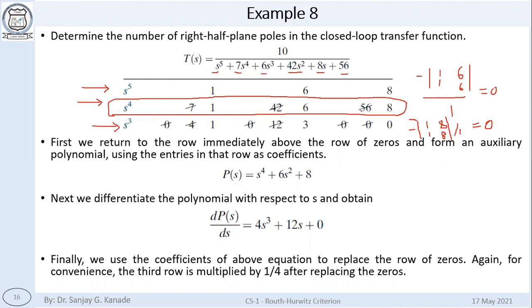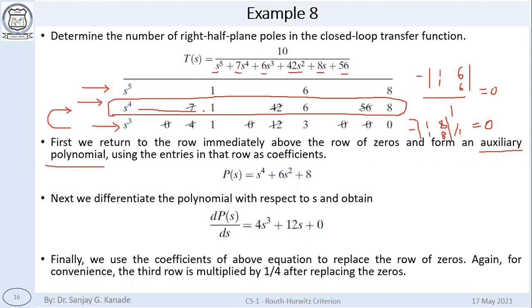Okay, so when something like this happens, we create an auxiliary polynomial. We create an auxiliary polynomial using the entries in the row just above. See, the row of zeros came in the s raised to 3 row. So we create a polynomial from the coefficients of s raised to 4.